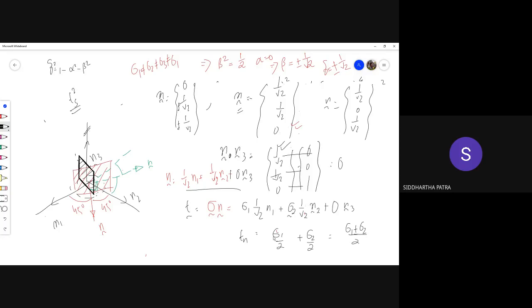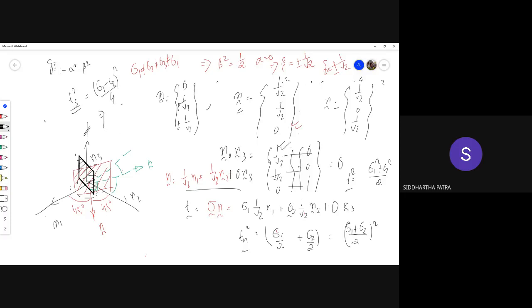So tn squared would be the square of this quantity, whereas t squared would be sigma 1 squared plus sigma 2 squared by 2. So if I now get the expression for ts squared, that would be t squared minus tn squared, which would eventually lead to sigma 1 minus sigma 2 squared by 4.